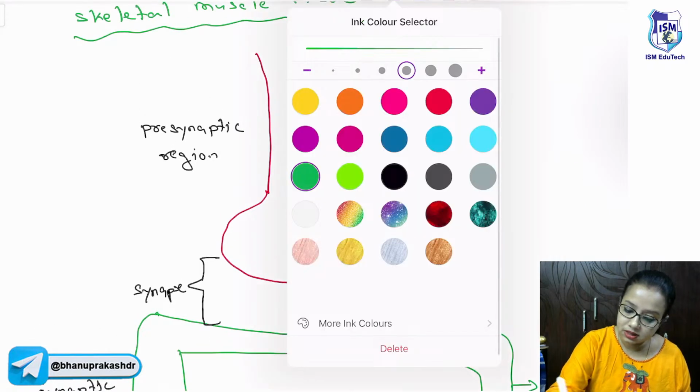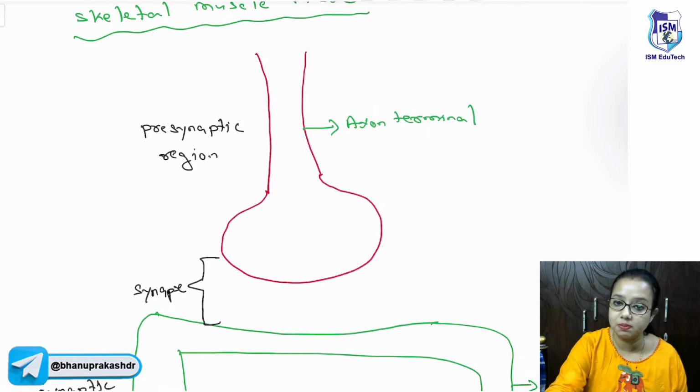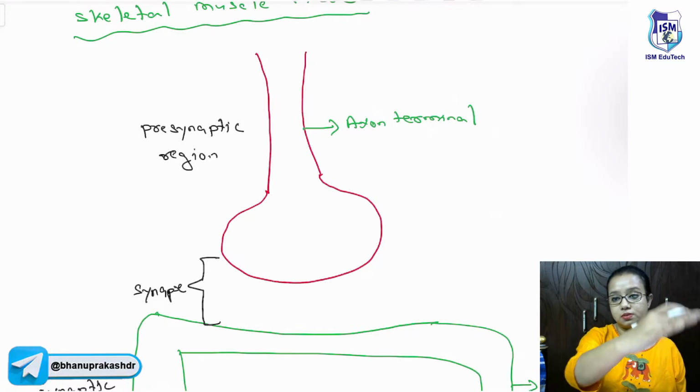We know the nerve has the capacity to generate impulse, right? It generates impulse and it flows from the axon here out.